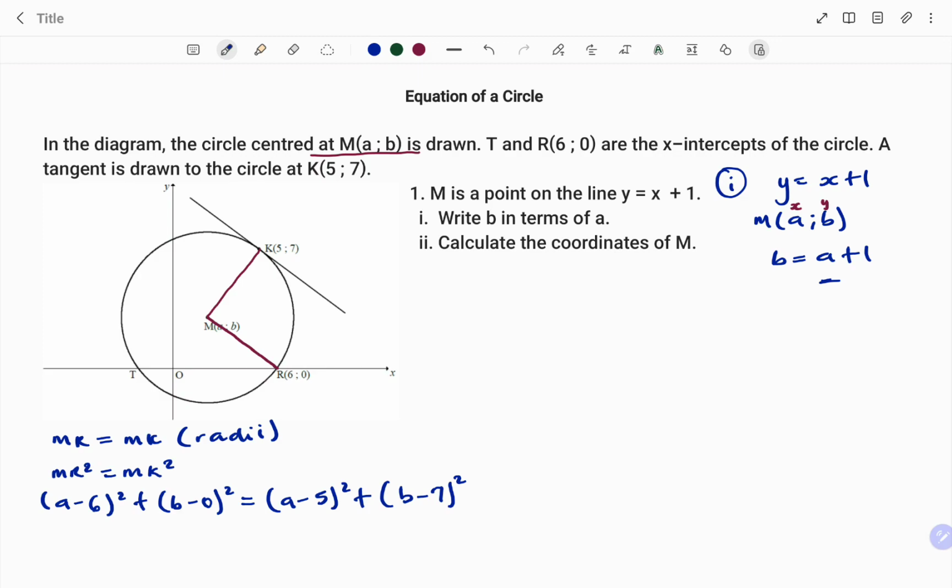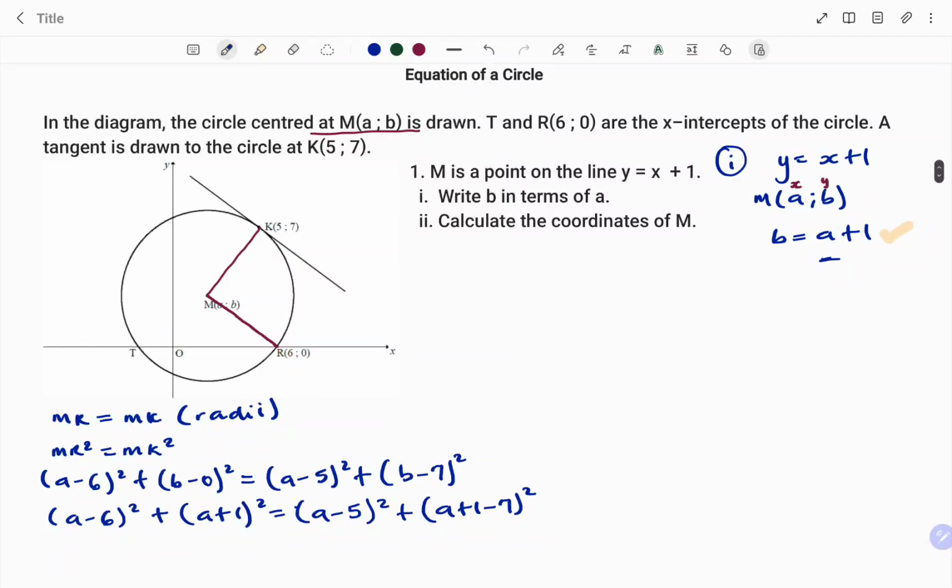Note that we've been able to calculate from the first part of the question that the value of b equals a plus 1, so every occurrence of b is replaced with a plus 1. So we have (a minus 6) all squared plus b minus 0 is 0, but b is a plus 1, so I replace that with (a plus 1) all squared, equals (a minus 5) all squared plus, b is a plus 1, so we have (a plus 1 minus 7) all squared.